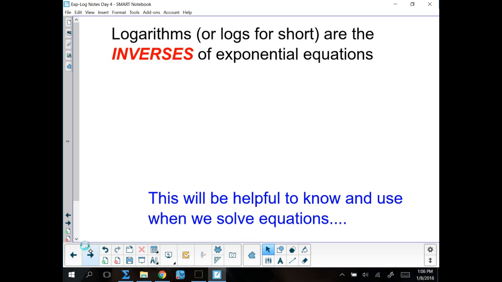So, as good practice for reviewing for our final, what do we do when we find an inverse? Not the reciprocal. Inverses. It was chapter 6, 6.3, 6.4.